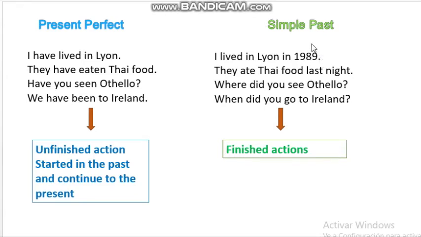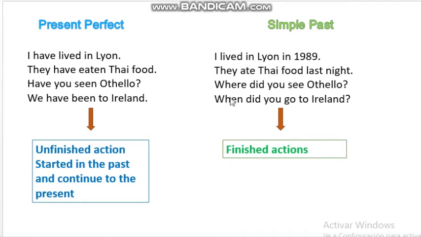So it says when it happened. It happened in 1989, so it is a finished action. The second one, they have eaten Thai food. It doesn't say when, but in the simple past it says they ate Thai food last night. When did it happen? Last night.